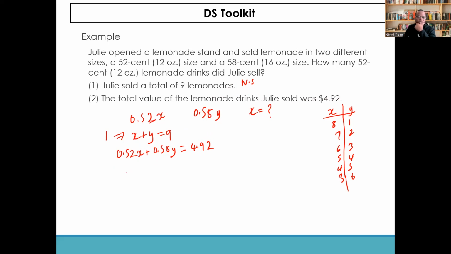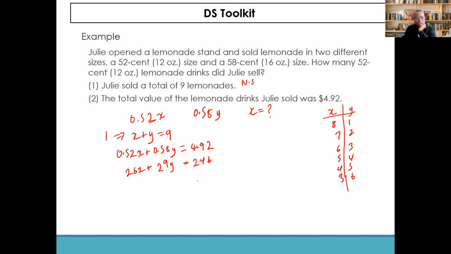We'll have 26X plus 29Y is equal to 246. So the question is this: we have 26X plus 29Y is equal to 246.